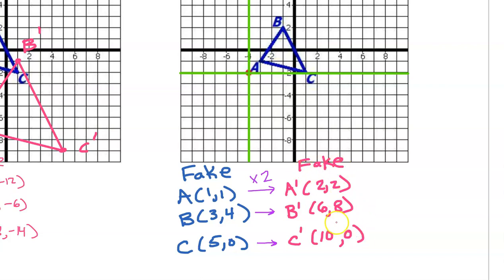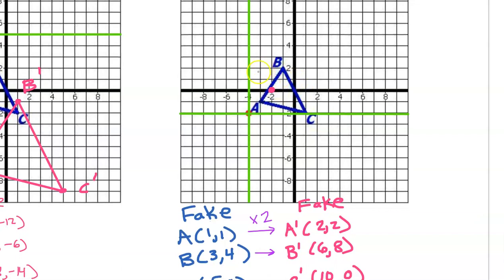These are fake coordinates. I labeled it that way just to remind me to stick to the green lines. So here comes 2, 2. Will be right here using the fake x and y axis. So anyway, this is my A prime. Fake B prime, 6, 8. So counting from here, all right, so here's 6, and here comes 8.